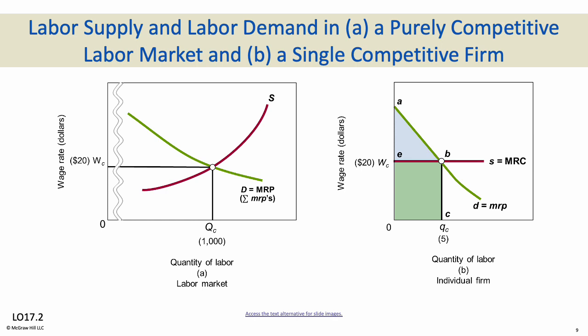And they'll generally maximize profits by hiring workers up to the point where MRP is equal to MRC. MRP is equal to MRC. And that's what we're looking at here. The overall market, it's the intersection of your supply and demand curves.